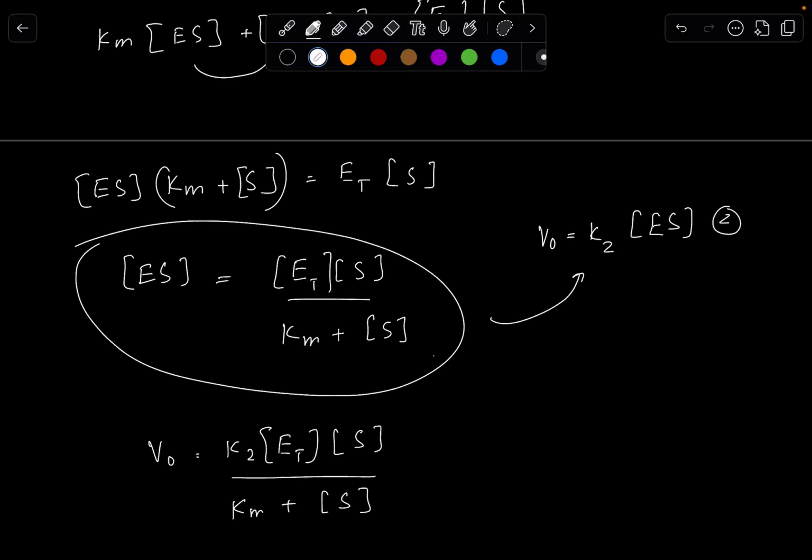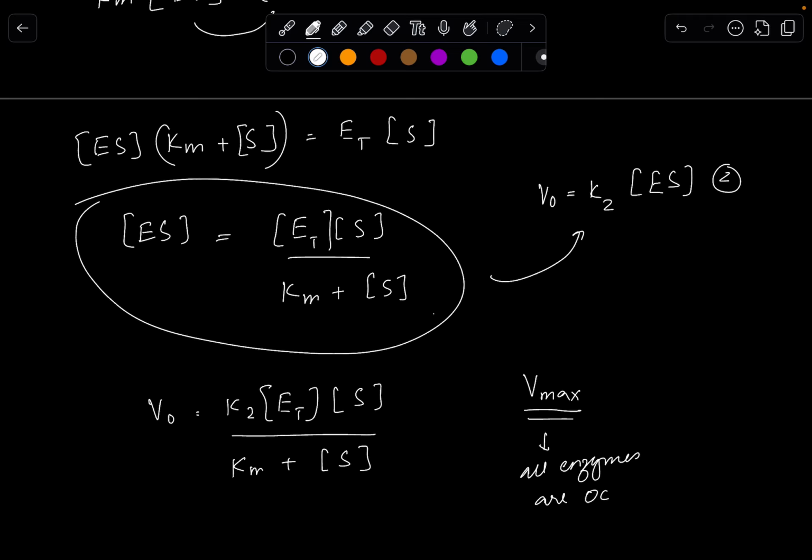Now, there's another thing we have to understand, which is Vmax. What was Vmax, guys? Vmax is the theoretical rate at which all enzymes are occupied.